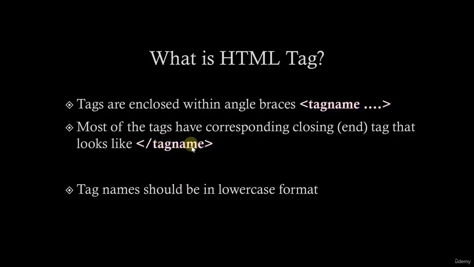It has a tag name, but inside the angle braces before the tag name you have a slash character. Every tag name that you write inside your HTML document should be in lowercase format. So every tag we define here, all of them are in lowercase format.